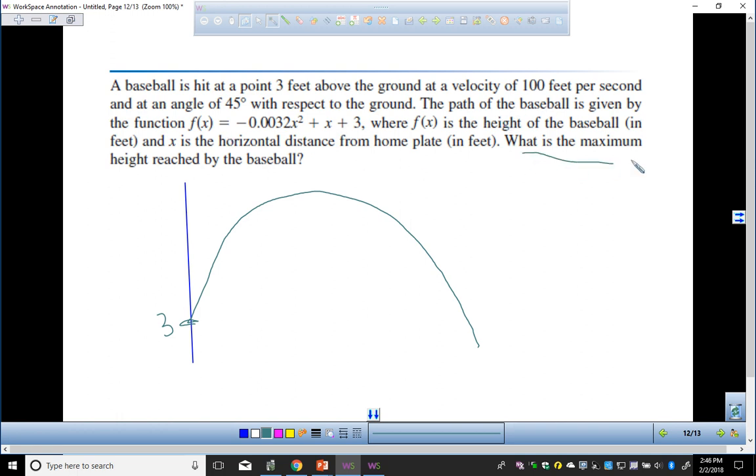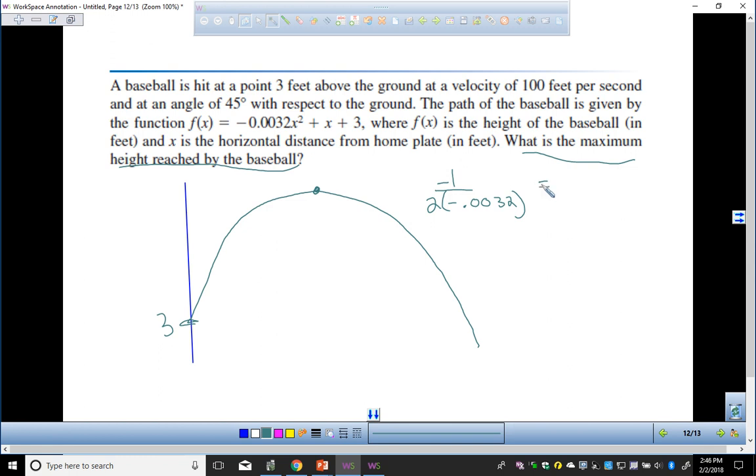What is the maximum height reached by the ball? So basically, what am I looking for? Negative b over 2a. I'm looking for f of negative b over 2a, right? So I have to find this point right here. So I need to first go negative b, which is -1 over 2 times -0.0032, okay?